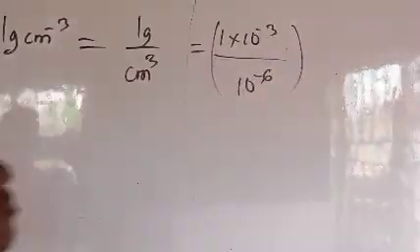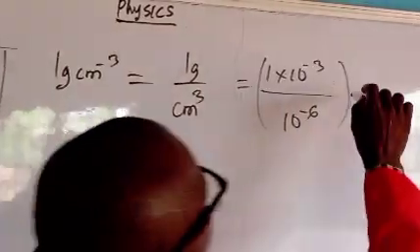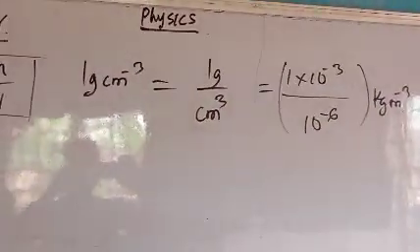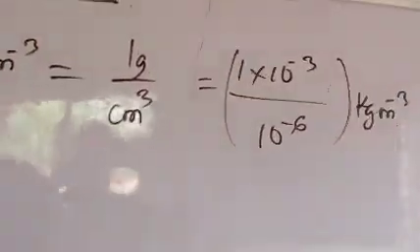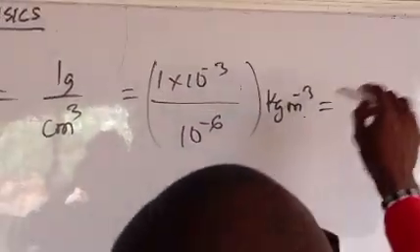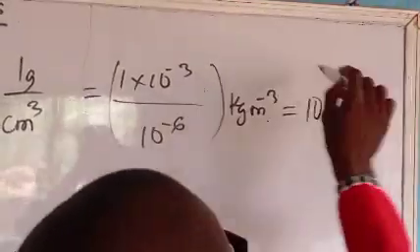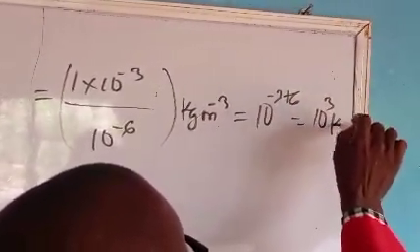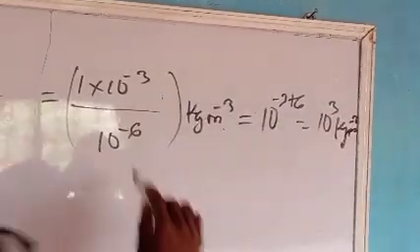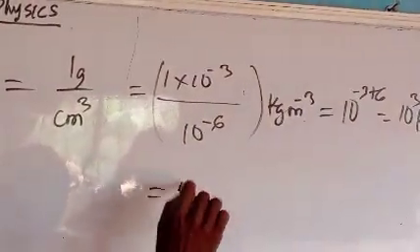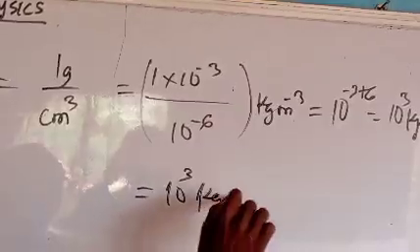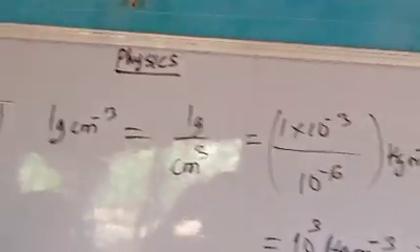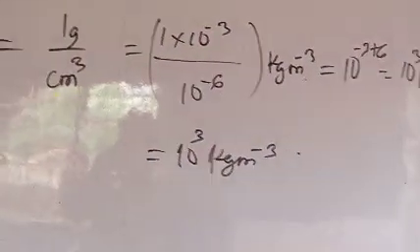That's what it stands for. And here now is in kilogram. We are converting to kilogram per meter cube now. Are you getting that from here now? You see? So in other words, we have 10 to the power minus 3 minus minus 6. It becomes 10 raised to the power 3 kilogram per meter cube. So from here now we have it as 10 raised to the power 3 kilogram per meter cube. So I want you to understand when they say 1 gram per cm cube is equivalent to this, which is 1000 kilogram per meter cube.